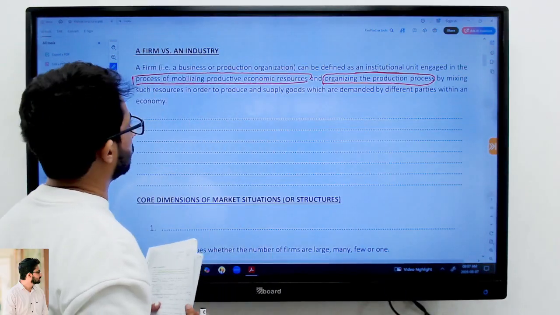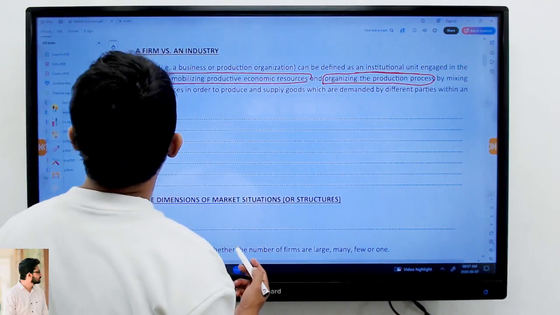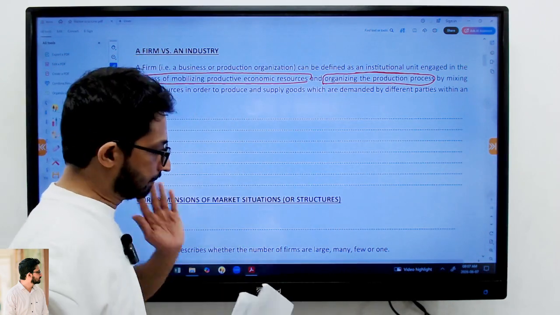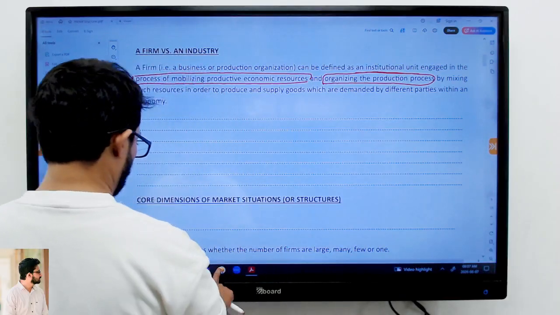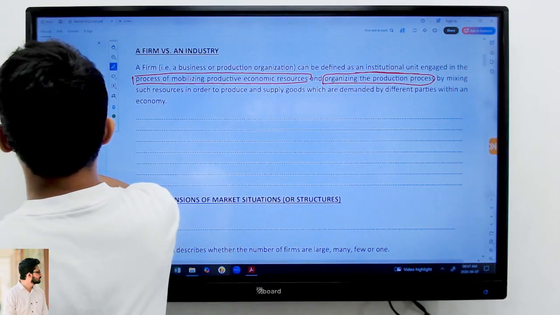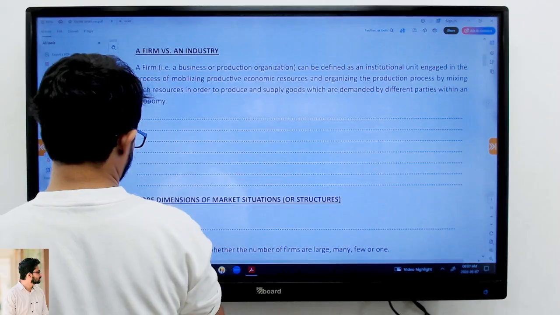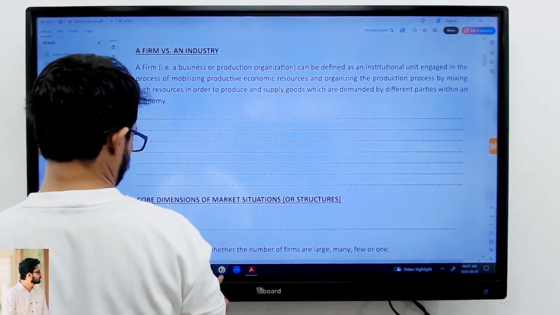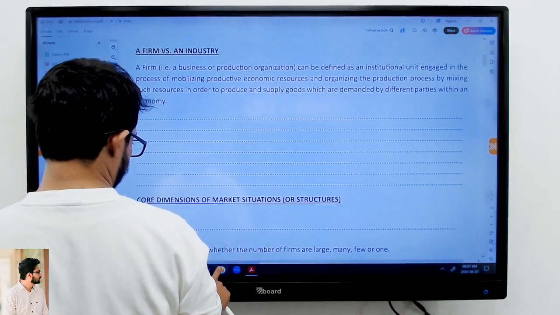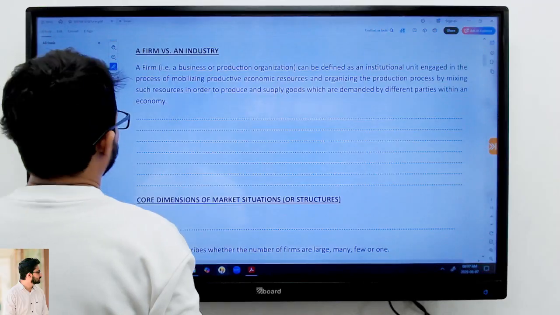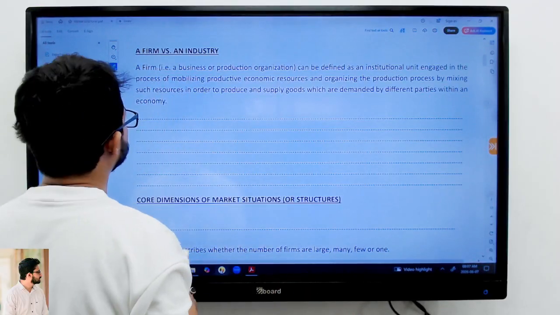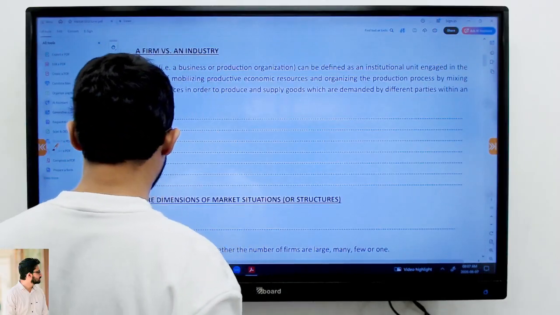Then firm is okay. Then, Buddha, let's talk about industry. The note has not been given. Put a star mark and write down.